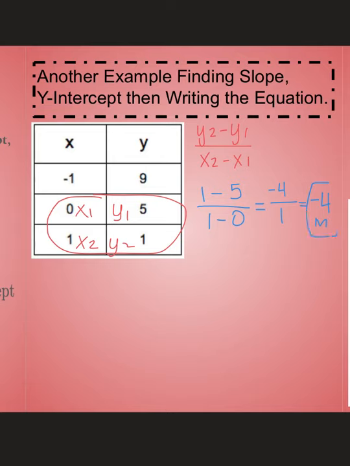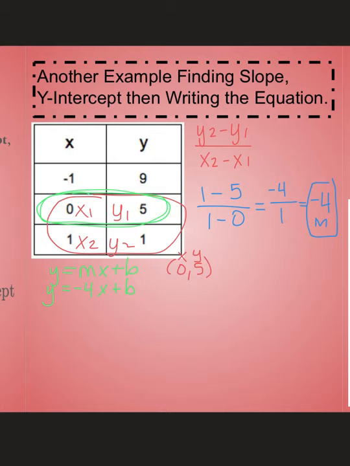So that's my m. I'm then going to take the slope-intercept equation, y equals mx plus b, and substitute my m with the negative 4. I will choose one pair of xy coordinates, and I'll use these ones over here, 0 and 5. So 0, 5 will be my x and y values that I will substitute into the equation.